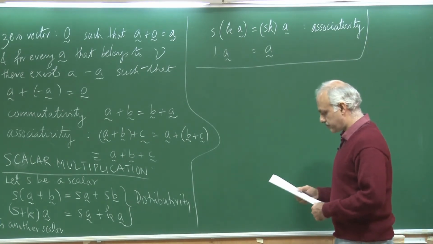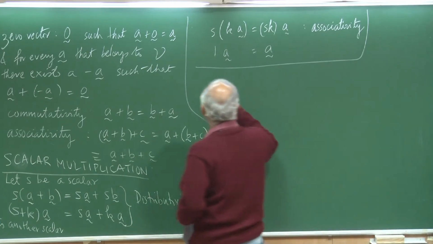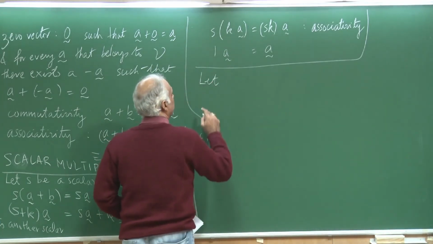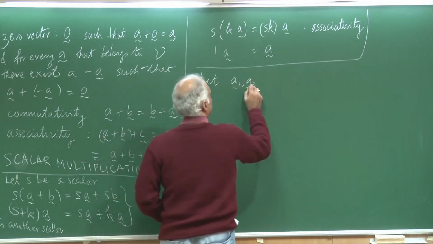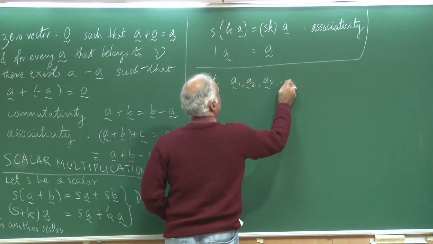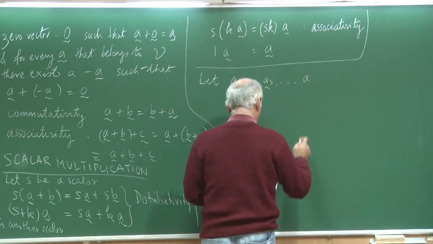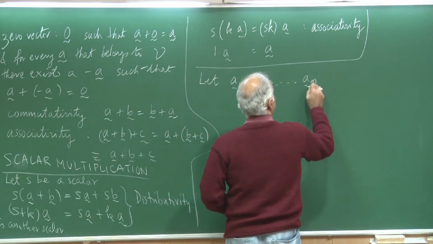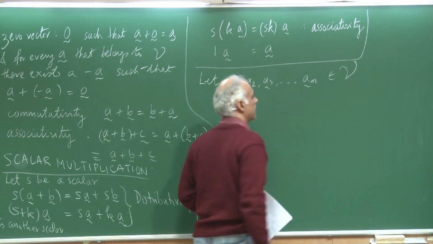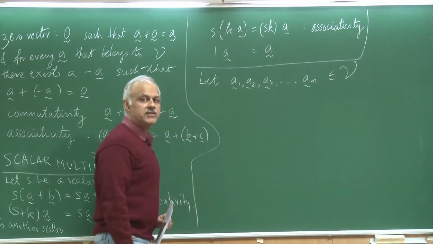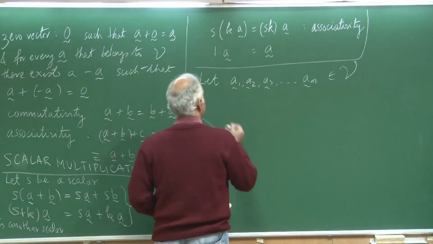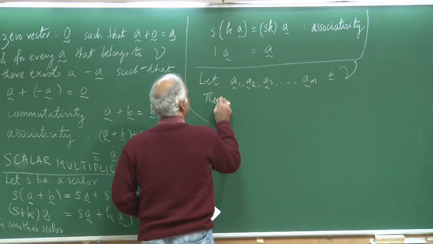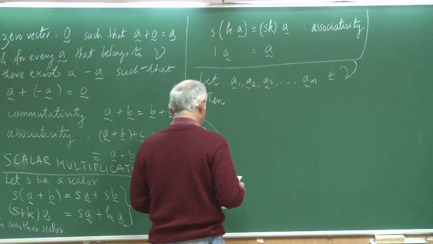Okay. So let us take a few vectors that form a vector space. So let A1, A2, A3 all the way to Am belong to the vector space V. Then I can form a linearly independent set.